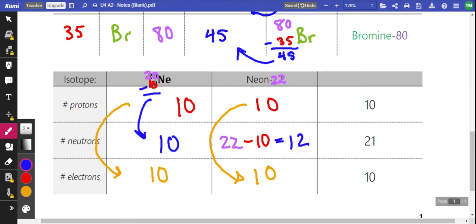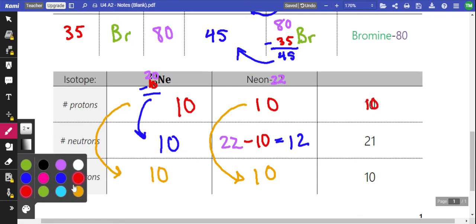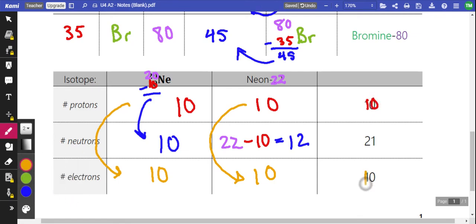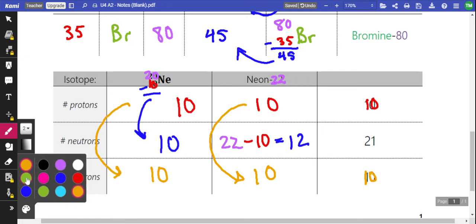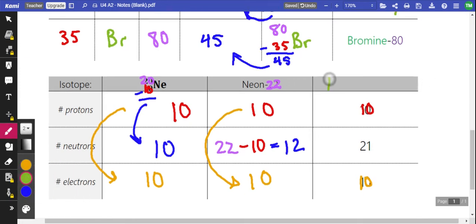Now, in this last one, I've got all the information I need. I just need to write out the isotope name or the isotope symbol. Let's start with the name. Hey, this one has 10 protons also, so this is still neon, and it's got 10 electrons to match.